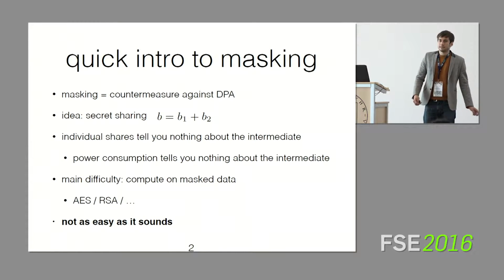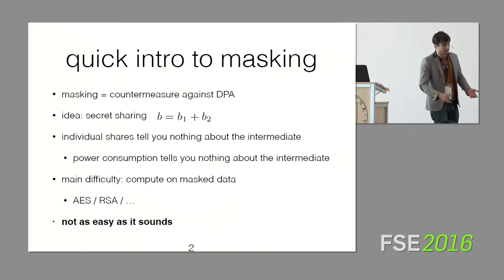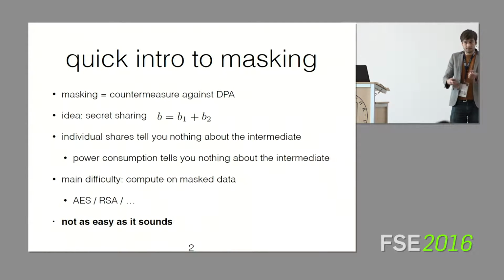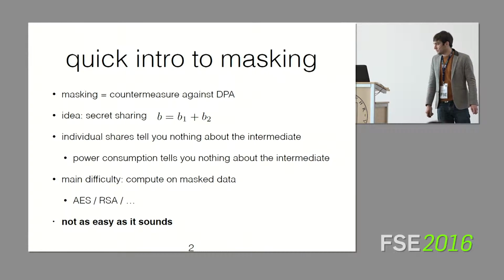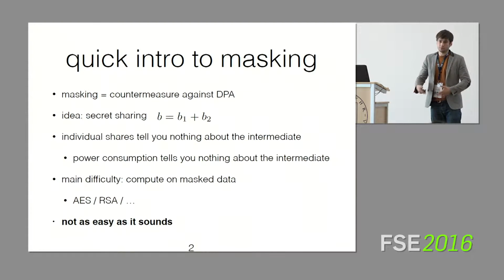But the core idea is to split your secrets. For example, let's say you have a secret bit B. With masking, what you do is you split probabilistically that bit into two shares, for example, B1 and B2. B1 you choose at random, and then B2 you compute such that both shares sum to B. And then you handle them, let's say, independently.